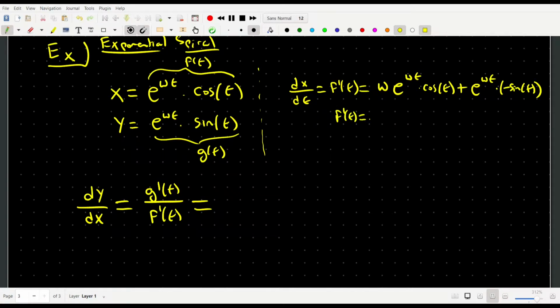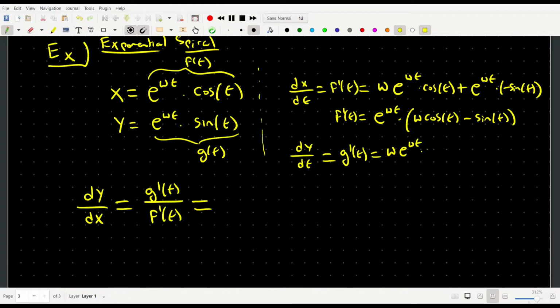So f prime of t will be equal to e to the omega t times omega cosine of t minus sine of t, and dy dt, or g prime of t, will be omega e to the omega t times sine of t plus e to the omega t times cosine of t, with the product rule applied to this product.